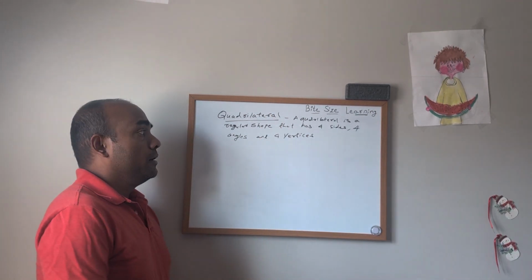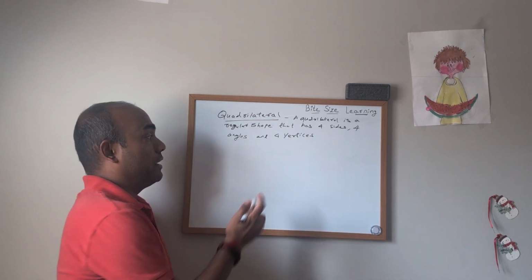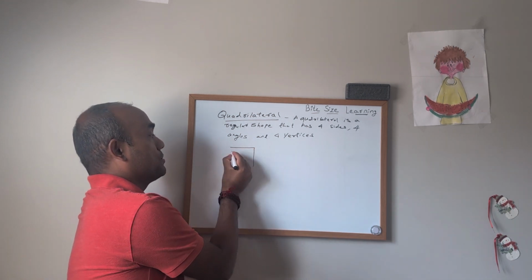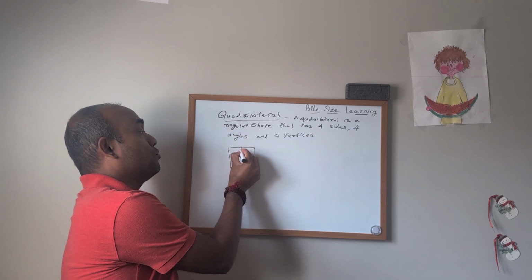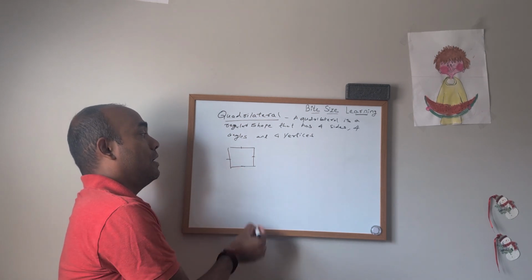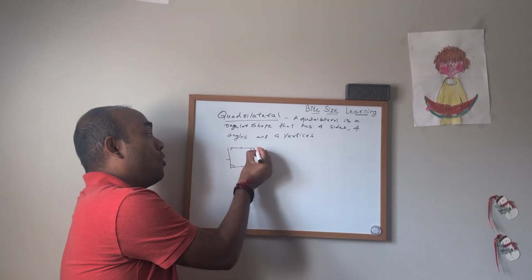Now let's take the most common quadrilateral. It is a square, for example. So a square is a quadrilateral. It has 4 sides, 4 angles and 4 vertices.